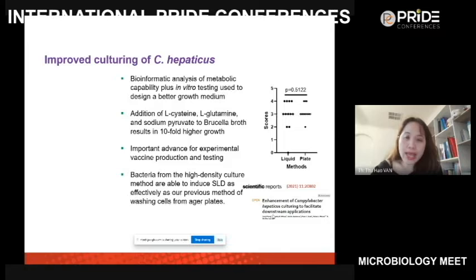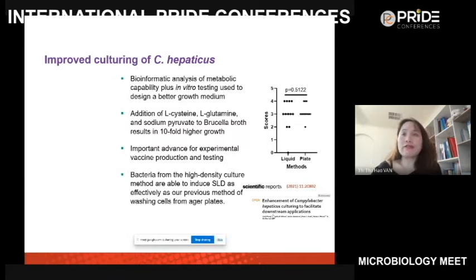So our PhD student developed a medium, a liquid medium. Normally, a few years ago, when we did the trial, we had to grow them on agar plates, because these fastidious bacteria are very hard to grow. But it takes a lot of time.